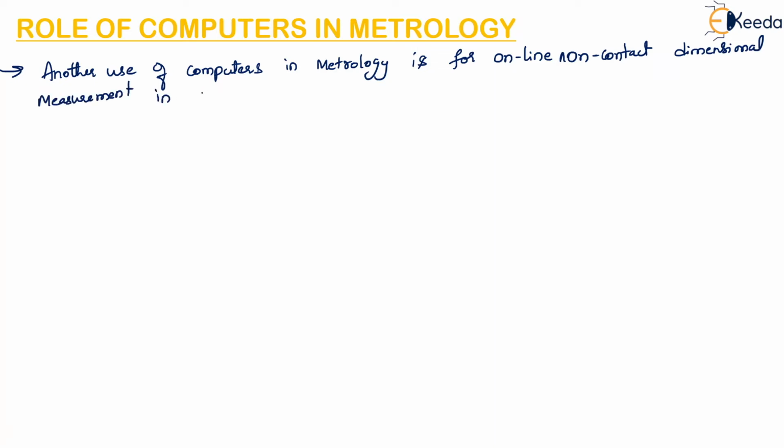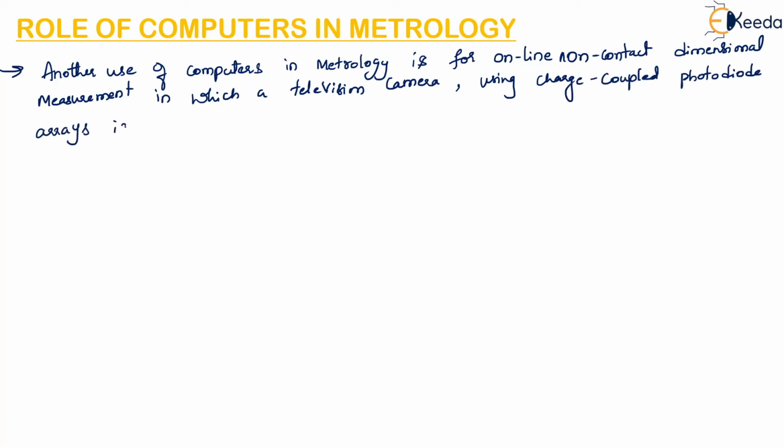In this method, a television camera which is using charge coupled photodiode arrays is focused on the workpiece and is interfaced to a computer, that is, it is linked with the computer.